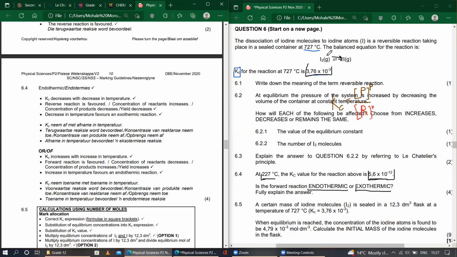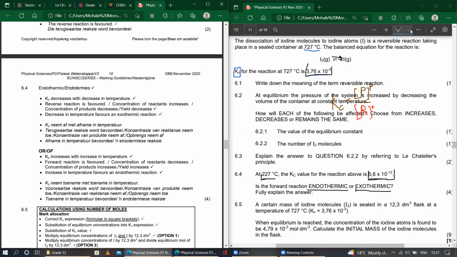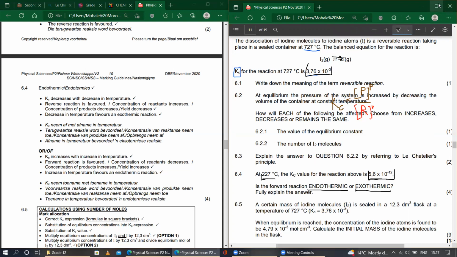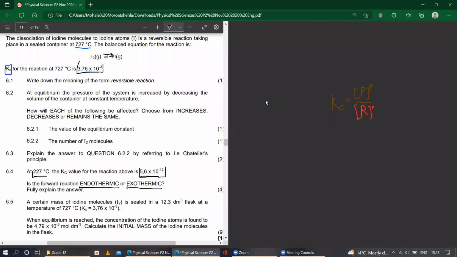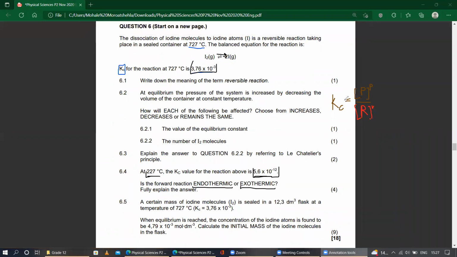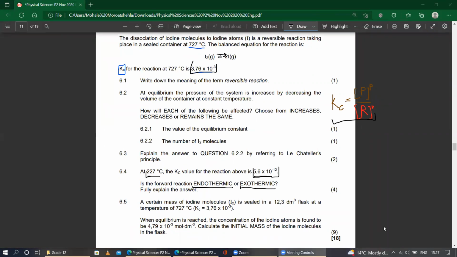So since temperature is going to increase, right? Let me refer back to this formula. So now we're going to use this formula again, this one on the side, right? Let me do this so that maybe you can see it better.